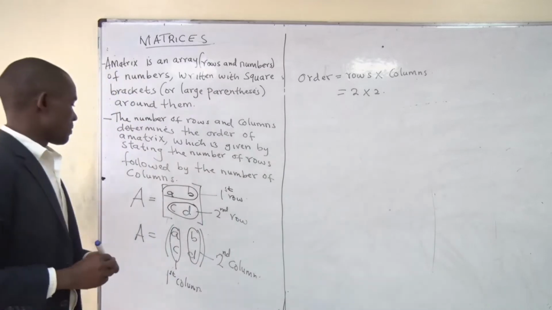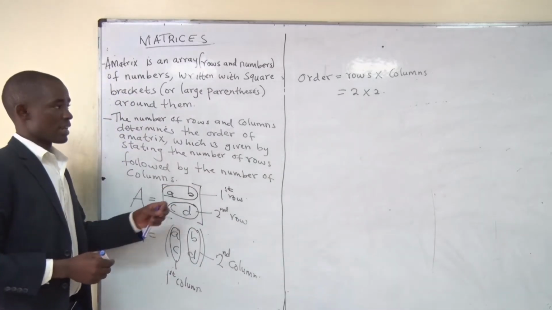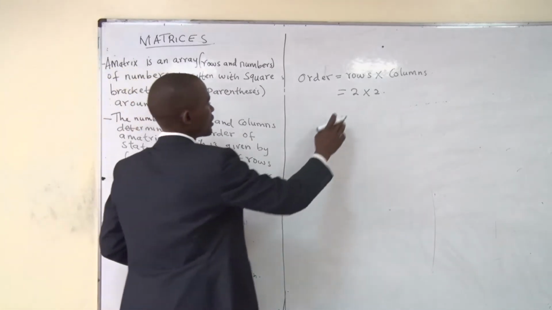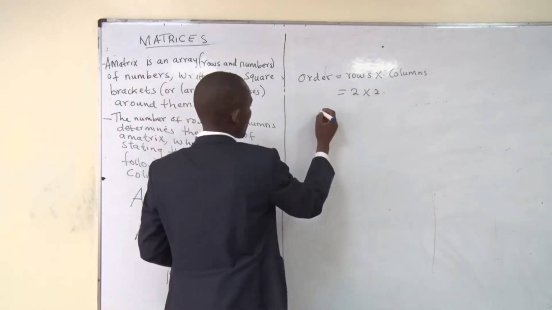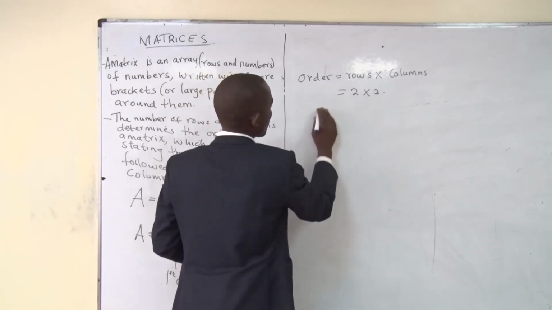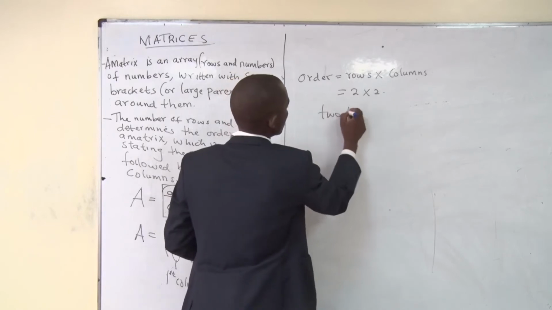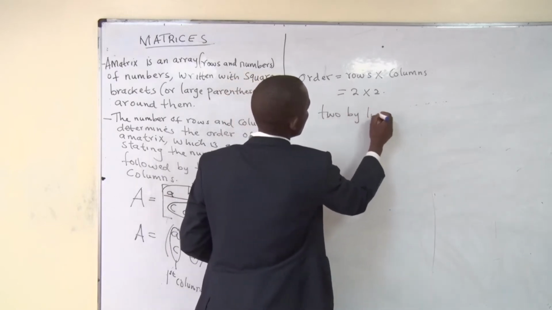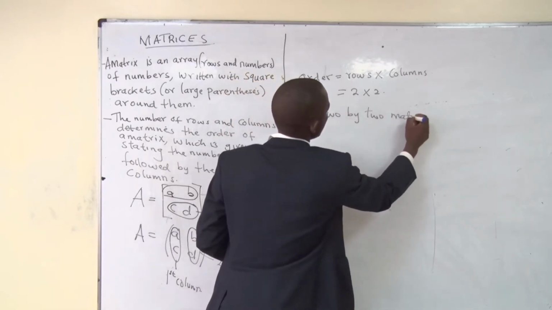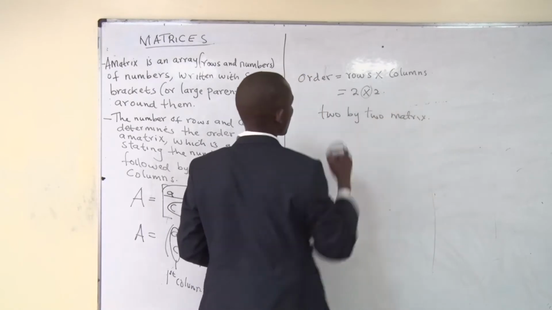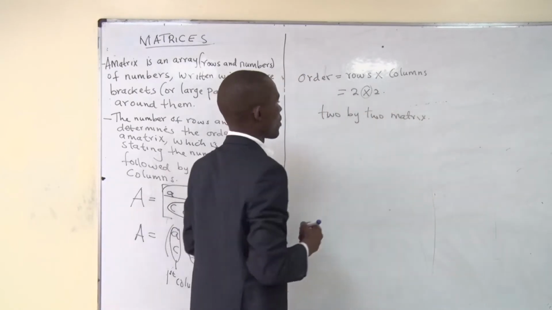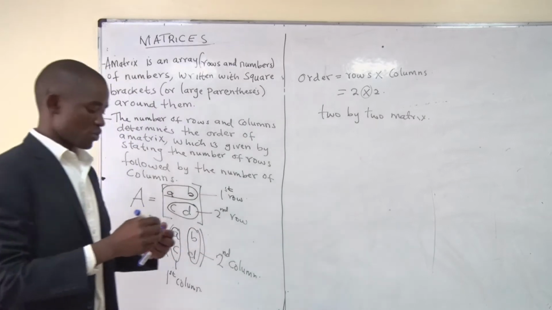The order of this matrix is a 2 by 2 matrix. And remember, we don't say 2 times 2. It is pronounced as 2 by 2 matrix. So multiplication is represented by the word by. It is a 2 by 2 matrix.